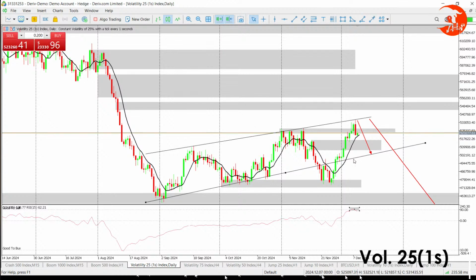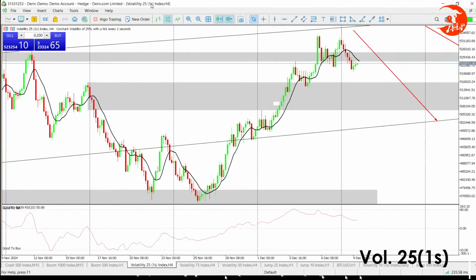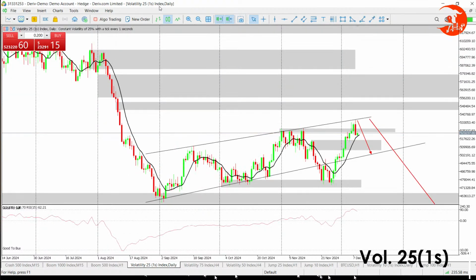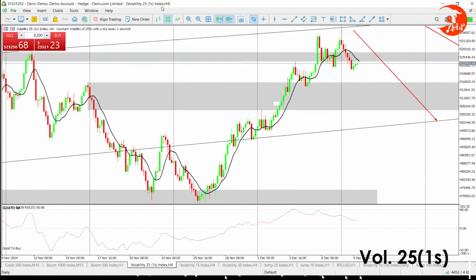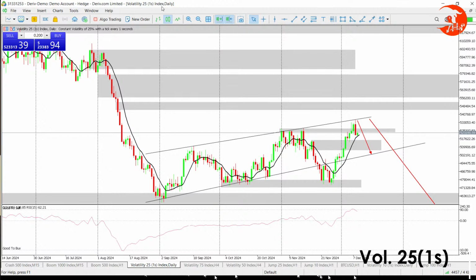So that is confirmation number two. But we know that price doesn't normally move in a straight line, and we can clearly see on the daily we started the day with a pullback with a buy there. So today's candle is seemingly a buy.